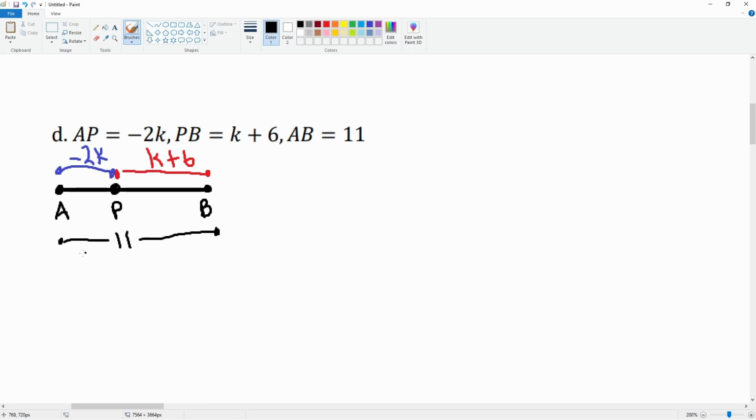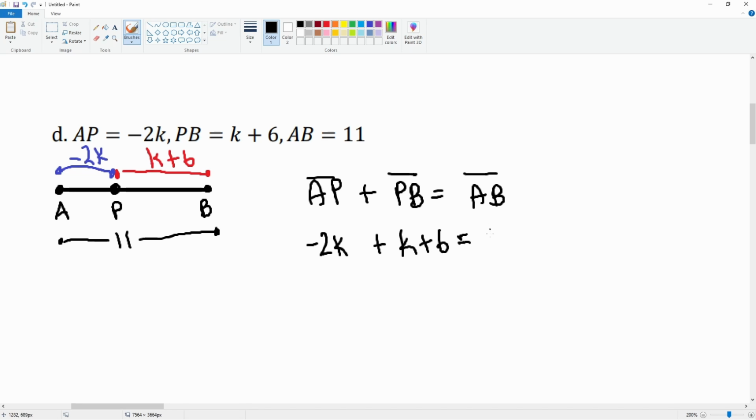Now we could write the equation. Line segment AP plus line segment PB is equal to line segment AB. This is now negative 2k plus PB, which is k plus 6, is equal to 11.